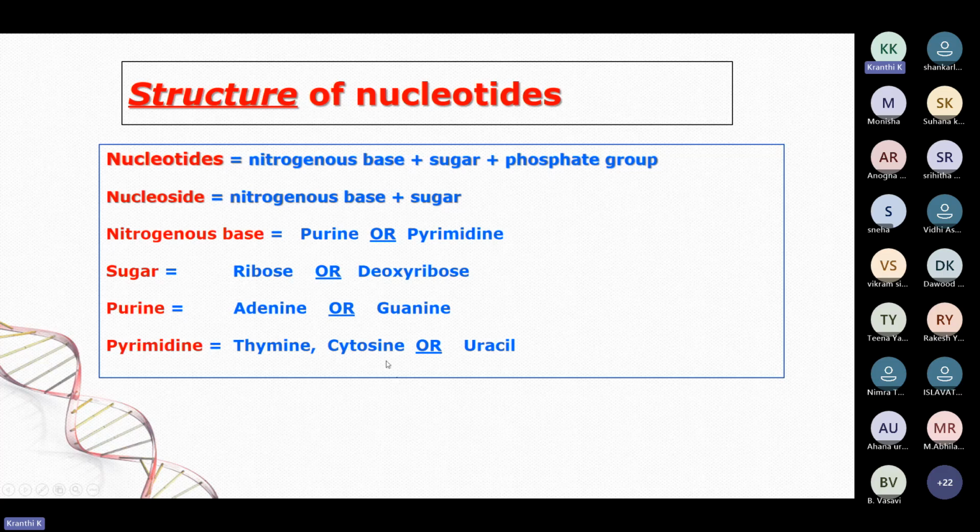Got it? So always in the double-stranded DNA, it contains the adenine, guanine, cytosine, thymine only, not uracil. RNA contains the uracil in the place of thymine. Even though it is single-stranded, it may contain the uracil. Right? So these are the terms.